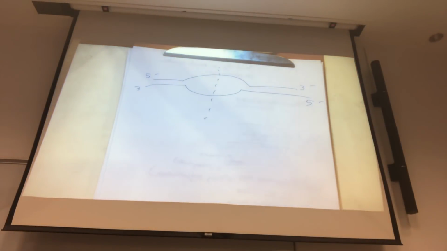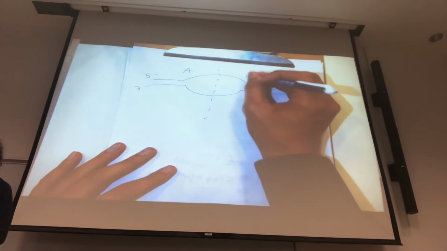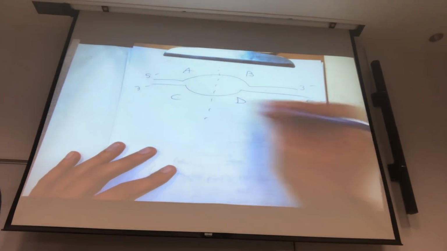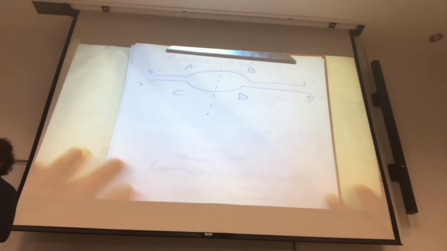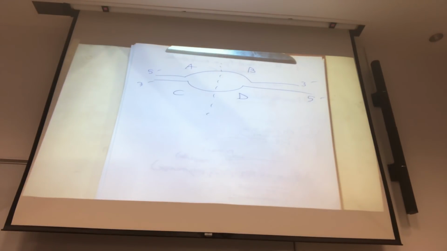You might have A, B, C, D, and they might ask you which things on here are the leading strand, which things on here are the lagging strand of DNA. The way to figure this out, if you can choose to memorize it, that's fine. I personally have to draw out some stuff to figure out which is going to be the leading strand and which is going to be the lagging strand.